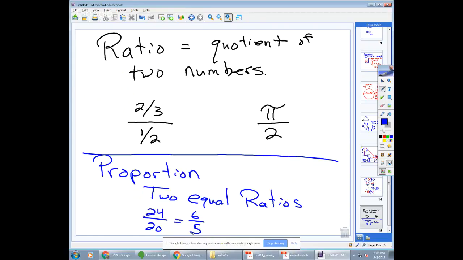So that's the simple idea of a proportion. And what we do is harness the power of this equal sign to solve problems that we couldn't solve otherwise. Like back in that other problem, we used this powerful idea to find that missing number 24 that we couldn't directly measure.